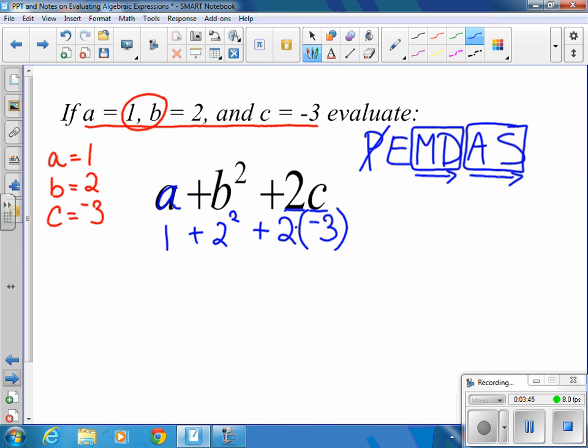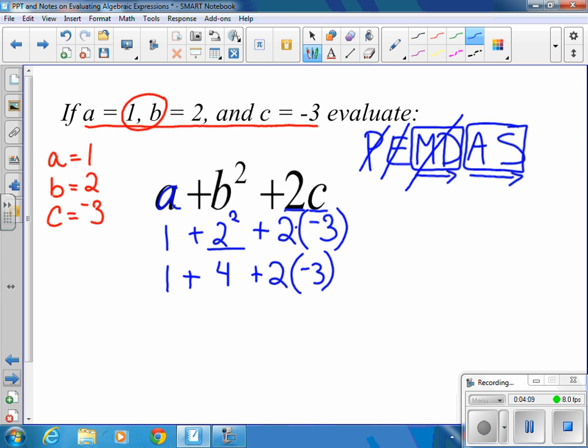I'm going to go to the next one, which is my exponents. Right here is what I need to do next. So that means I have 1 plus 4, because 2 times 2, 2 times itself, remember, is 4, plus 2 parentheses -3. Okay, now we did our exponents. Now we're going to do the multiplication and division at the same time, going from left to right.